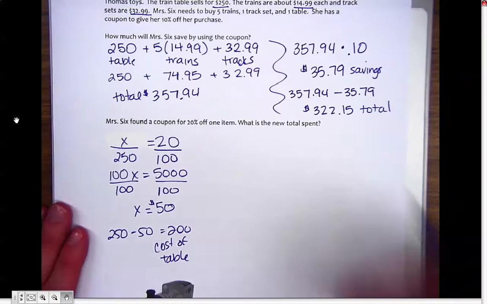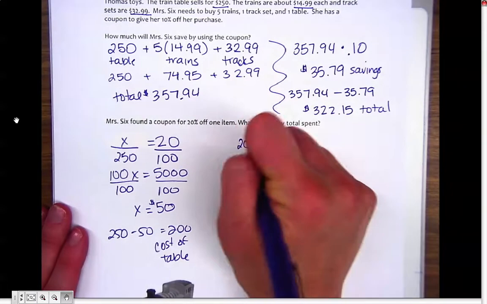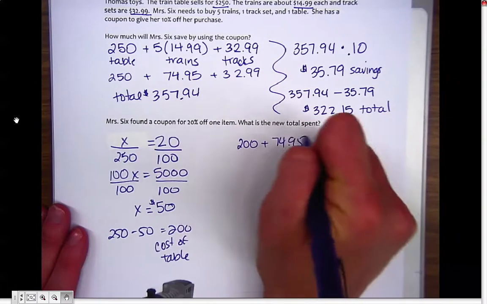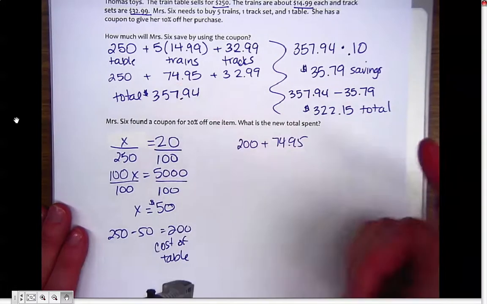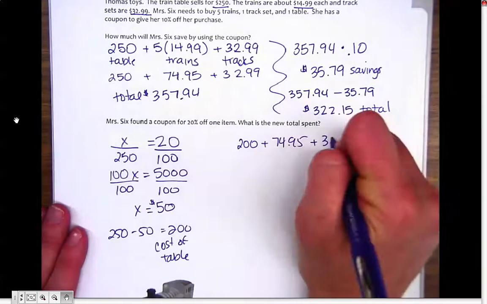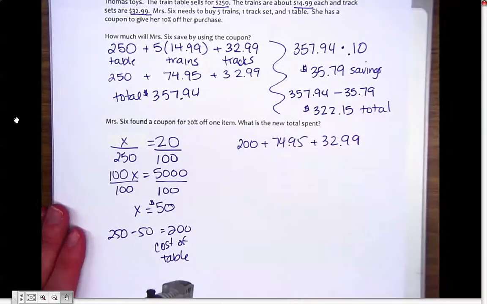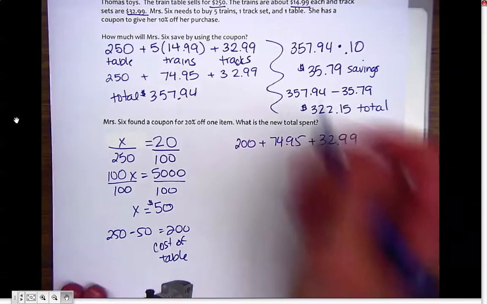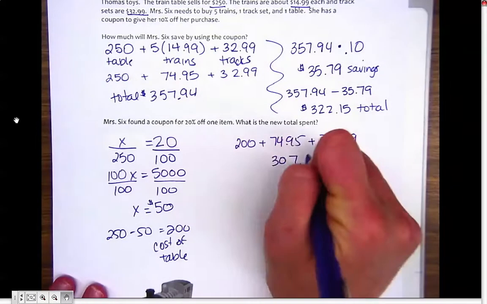So I can now take $200 plus the $74.95 that we know we're going to spend on the trains, plus $32.99. So that's going to give us a total of $307.94.